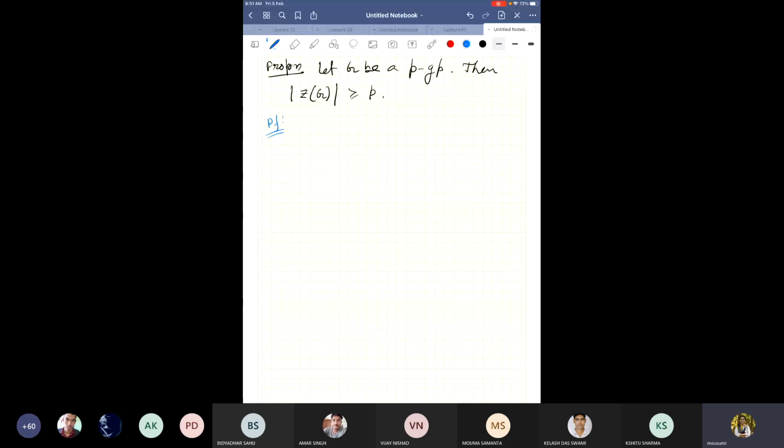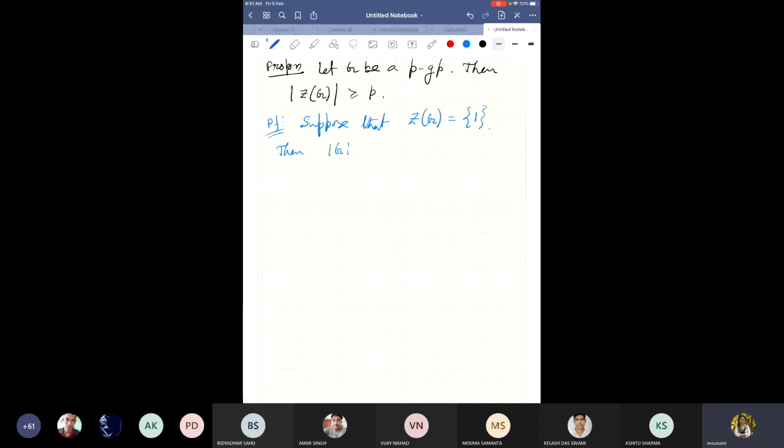Okay, so let us try to prove this. Suppose that the center is trivial. What does it mean? If the center is trivial, then from the class equation, what can I say?